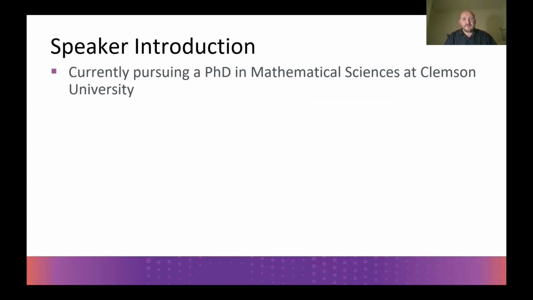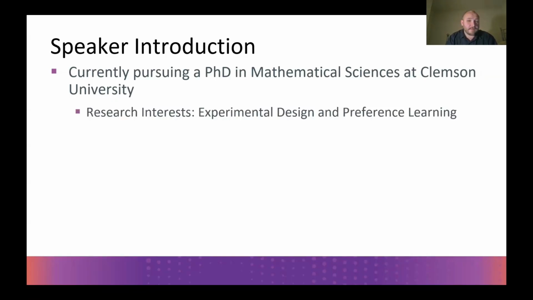Just a little bit about myself. I am a graduate student currently pursuing a PhD in the mathematical sciences at Clemson University in the US. My research interests are broadly within experimental design and preference learning.